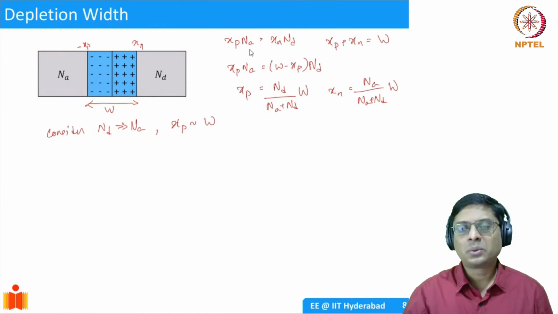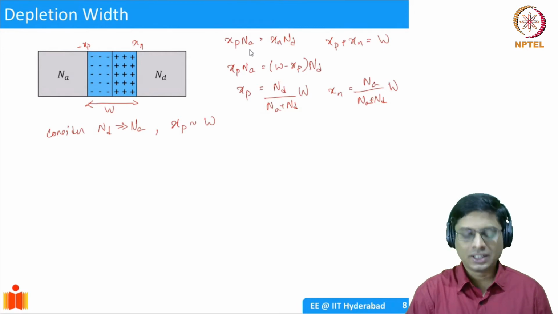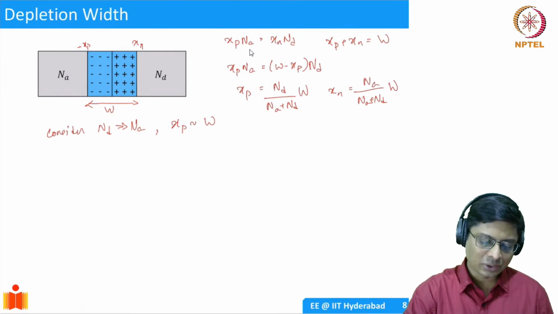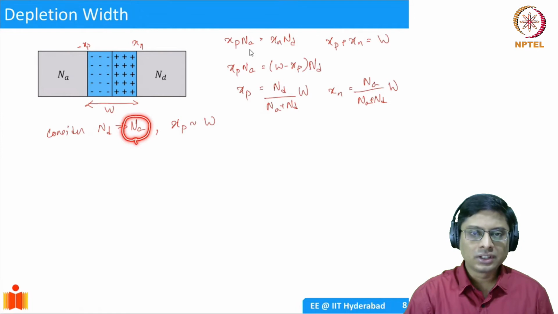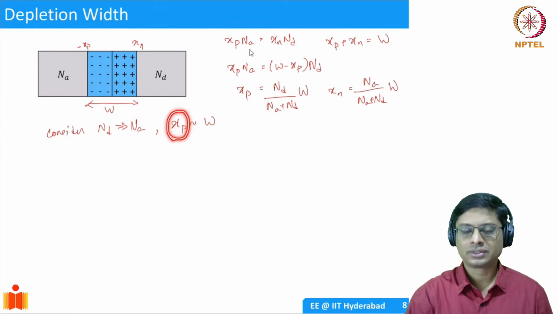So essentially what this is telling us is, if one of the doping concentrations is higher compared to the other, the depletion region will be entirely in the lower concentration region. In this case, Na is lower, so the depletion region is going to be entirely in the P-type region.